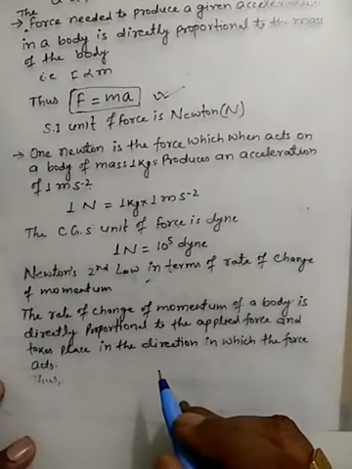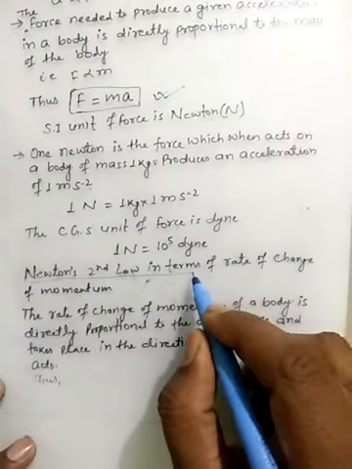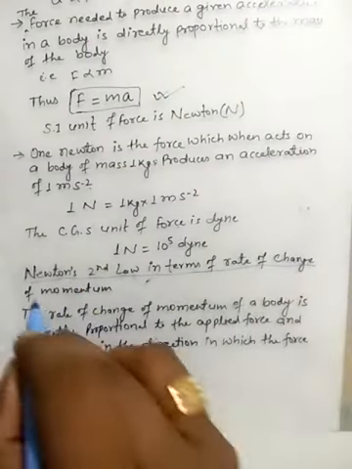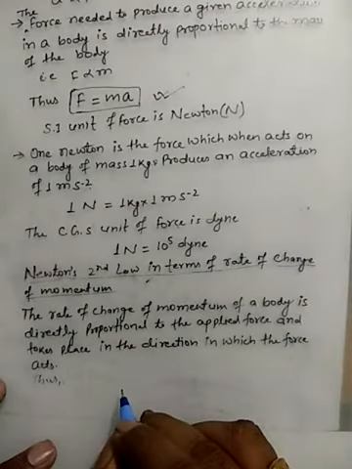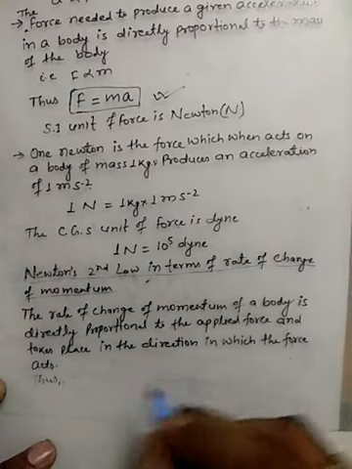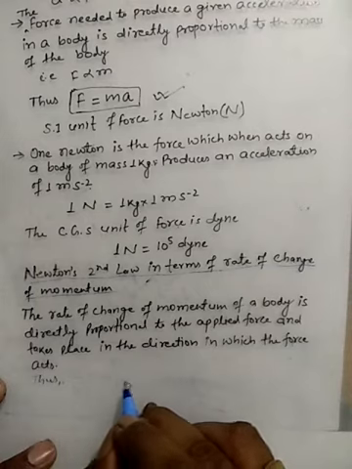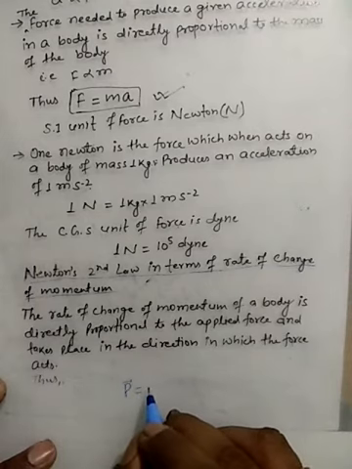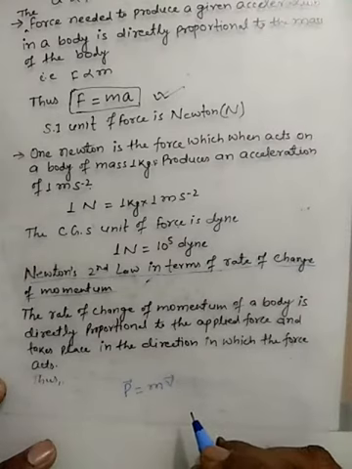Now we have to understand Newton's second law in terms of rate of change of momentum. In the previous lecture, we discussed linear momentum, or simply momentum, which is represented by P. It is the product of mass and velocity of the object.